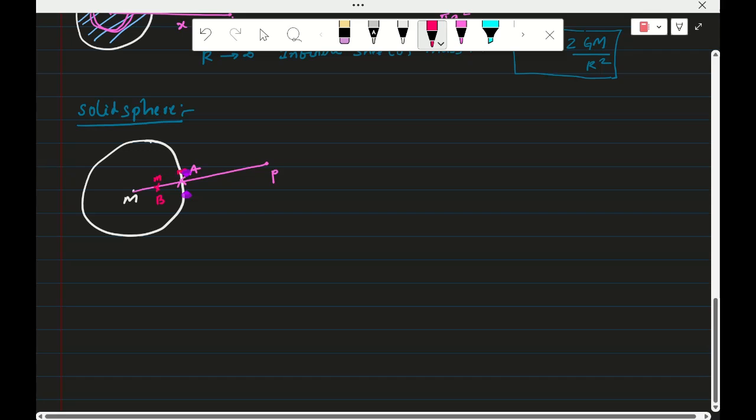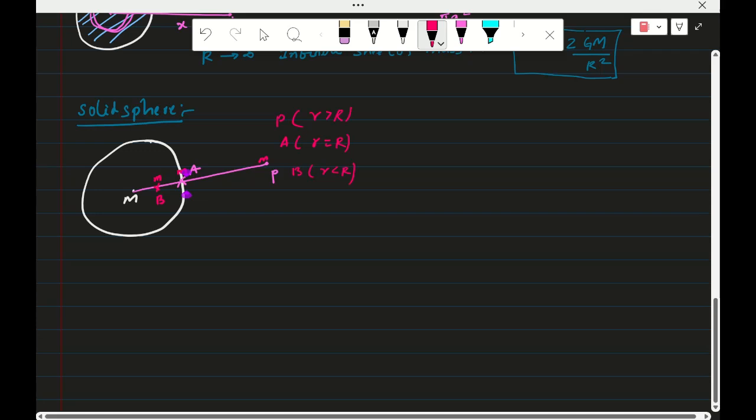Consider, I am going to find the field on these masses. That means point P is r greater than R, point A is r equal to R, meaning surface, and point B is r less than R.